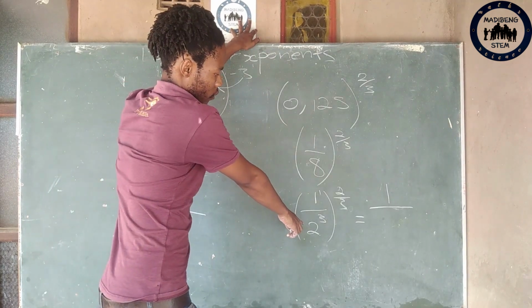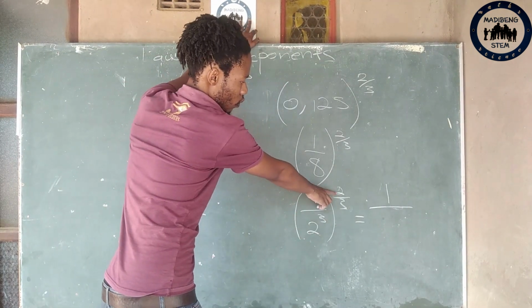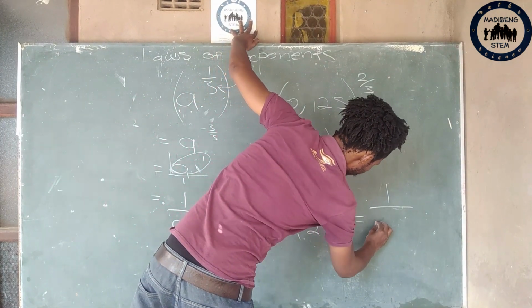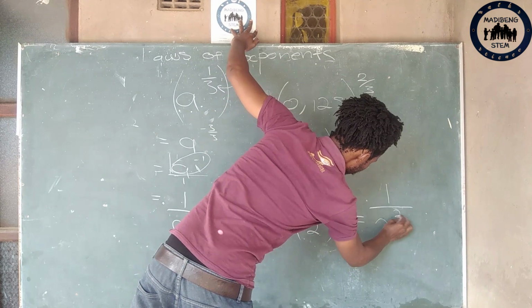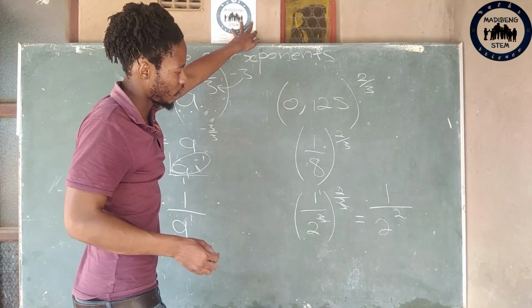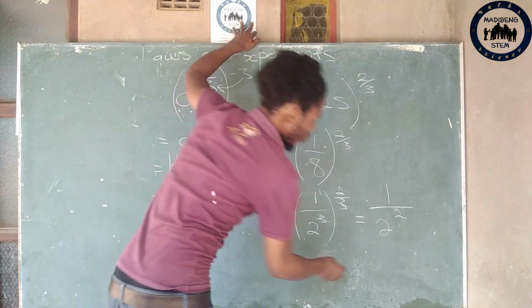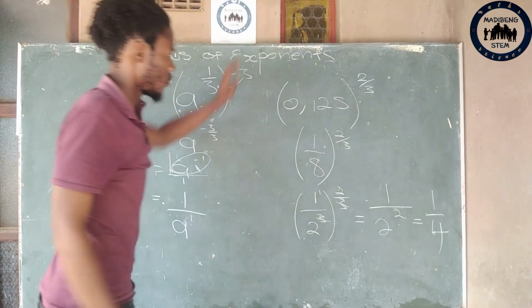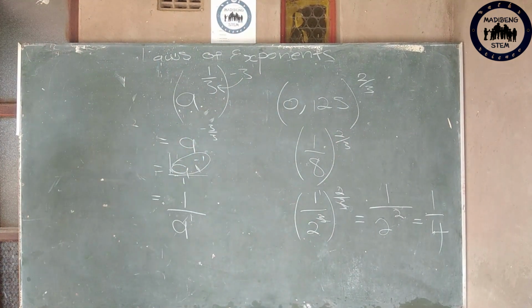So 3 times 2 over 3 is 2 to the exponent 2, because this will cancel this, and we will be left with 2. So the answer here is 1 over 4. The answer is 1 over 4.